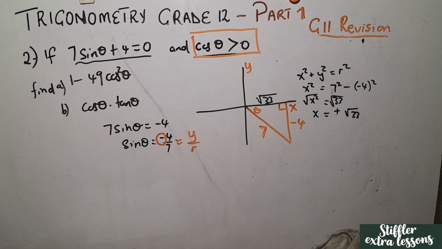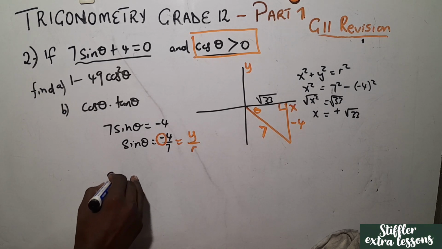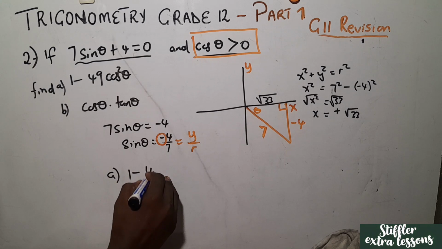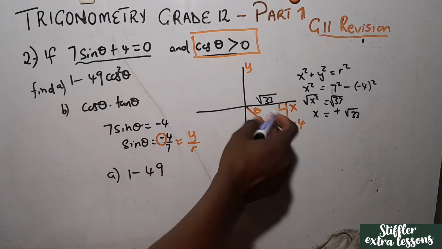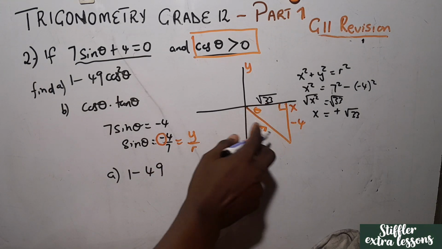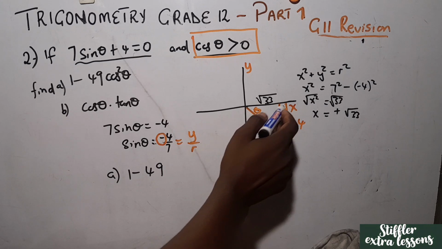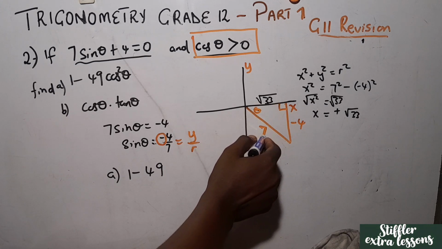So now let's solve what we're given. They said we must solve 1 minus 49 cos squared theta. So our first step, that's 1 minus 49. And you look here, what is the value of cos? Cos is adjacent over hypotenuse.